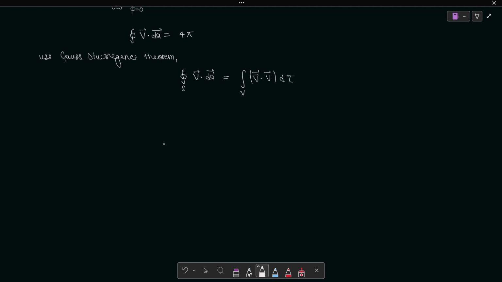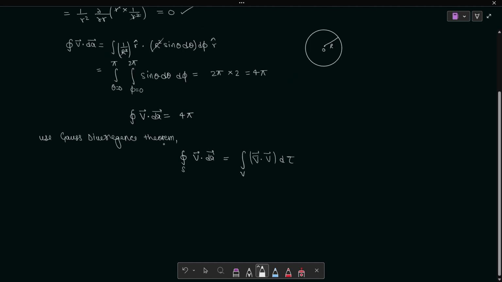d tau volume element. So now if you notice, we have calculated this divergence of this vector field, which came out to be 0, and we have also calculated the surface integral on the left hand side, which is coming to be 4 pi, but we know that 4 pi is not equal to 0, so there is some discrepancy happening here. So why is this arising?